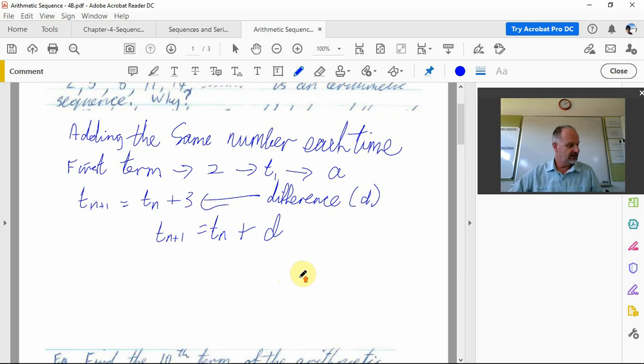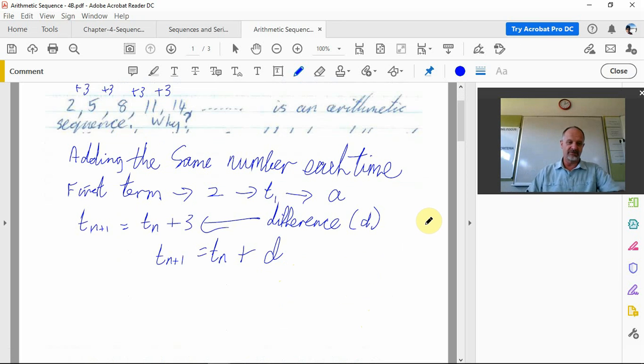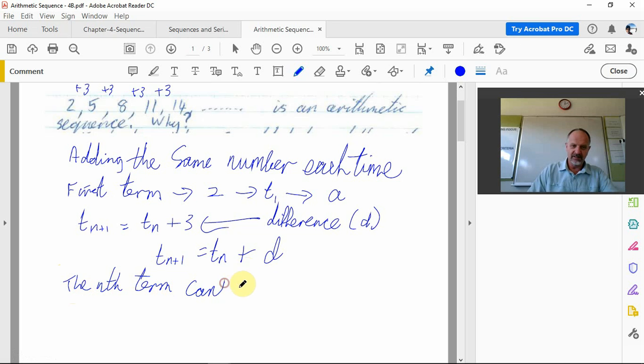All right, the nth term of a sequence. That's all very nice for our recurrence, but we like to know the nth term, the explicit relation. It can be found like this: term n will be where we start plus a certain number of times the difference.